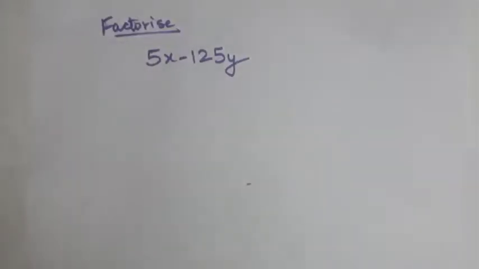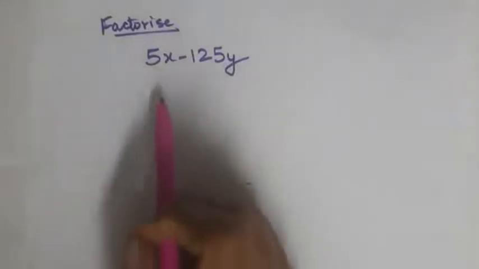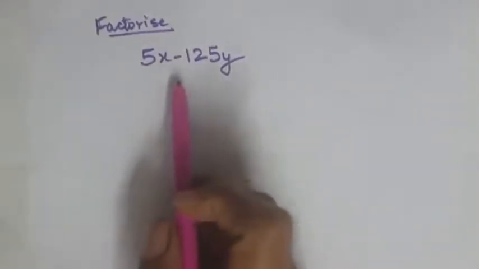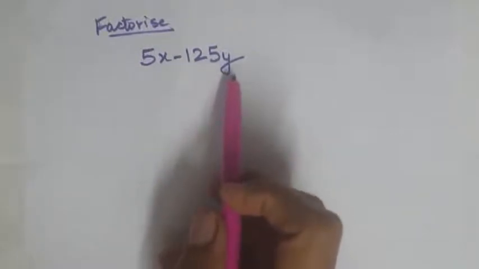The first question we are going to factorize is 5x minus 125y. Now, children, whenever we factorize any algebraic expression, always see first whether there is any common numerical value or any common variable.